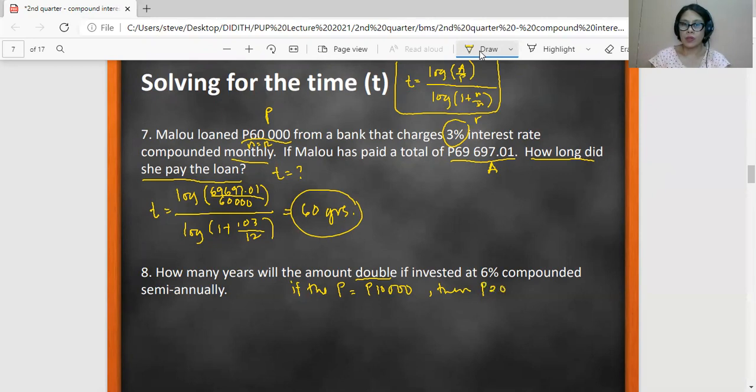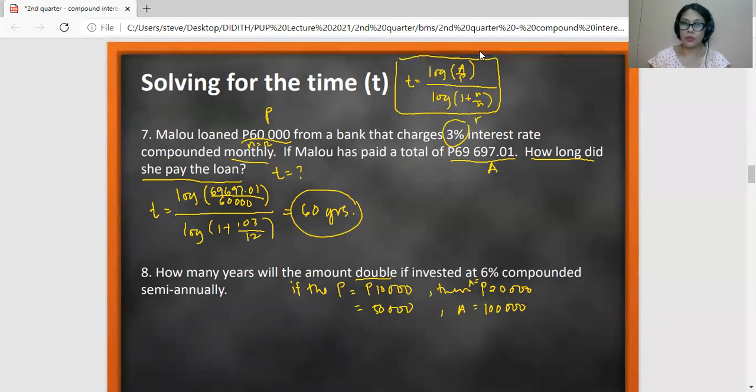Now, if this is 50,000, then this has to be A. So A equals 100,000. So the ratio is 2, the ratio from A to P.